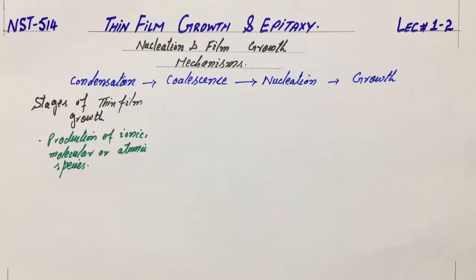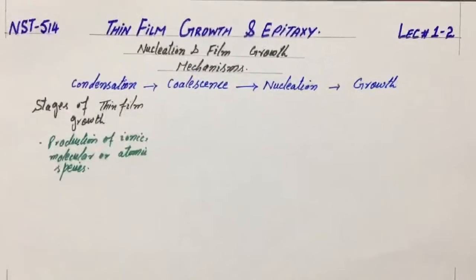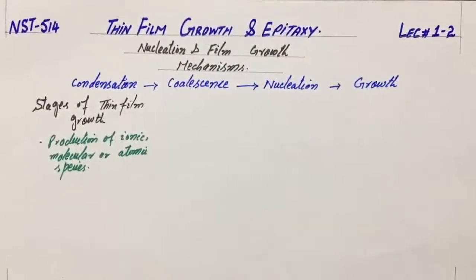So if we change these state variables and the thermodynamics of the material particle, then its deposition, its condensation on the substrate will be changed. And then it will change the surface morphology or the growth mechanism of the thin films. So we have to be very careful about the consideration of these thermodynamic parameters, like the ambience of the material particle in which we are depositing it on the substrate surface.